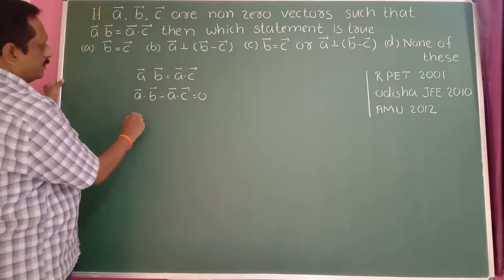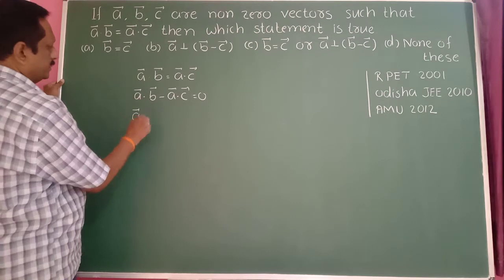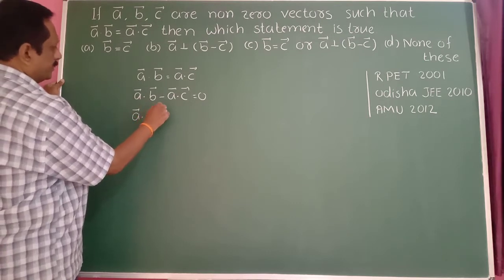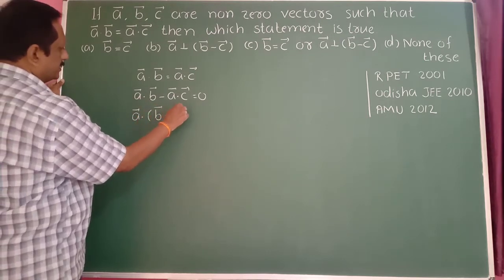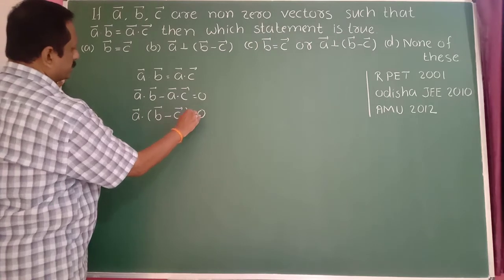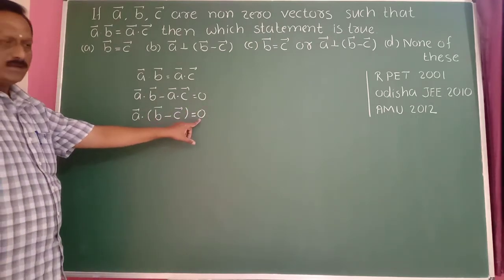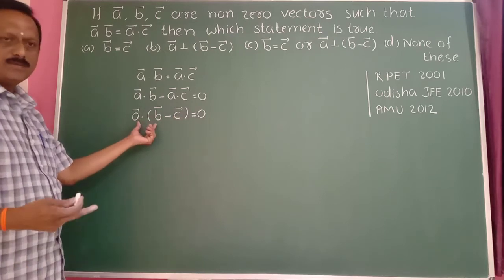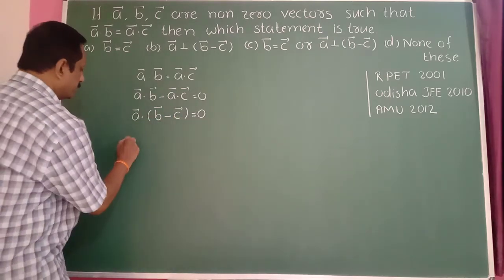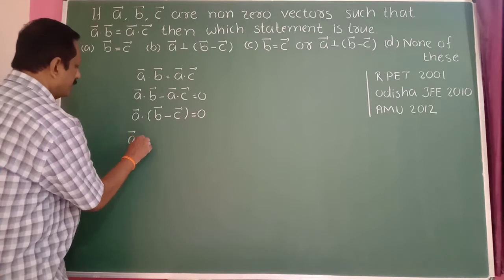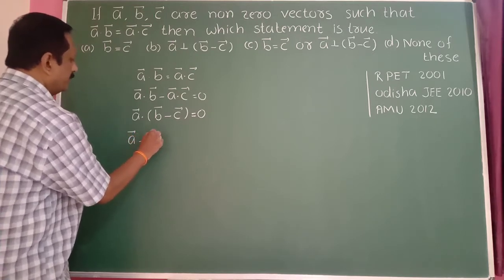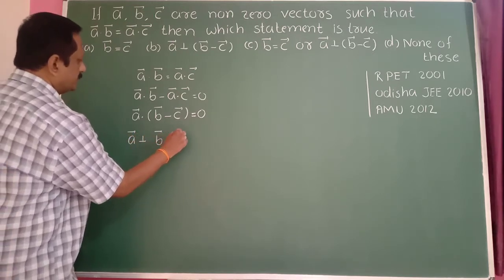Then A bar is the common factor here, so write A bar outside. A bar dot of B bar minus the vector C bar is equal to 0. Here the dot product is 0. If a dot product is 0, then obviously they are perpendicular. So A bar is perpendicular to B bar minus C bar.